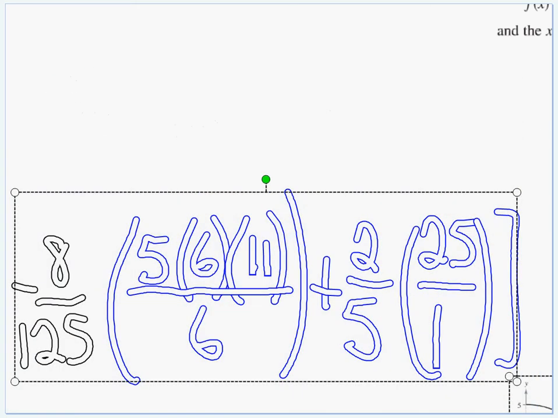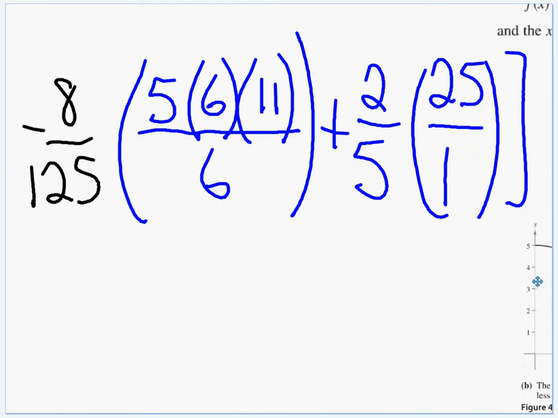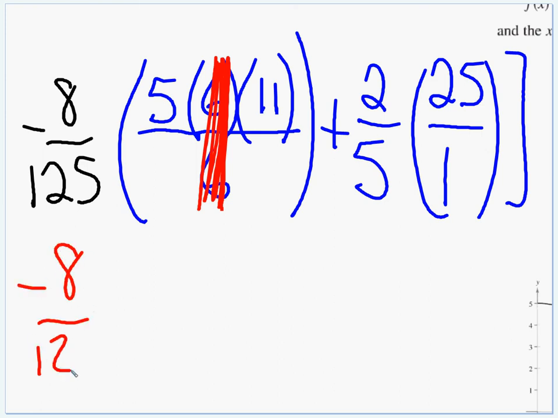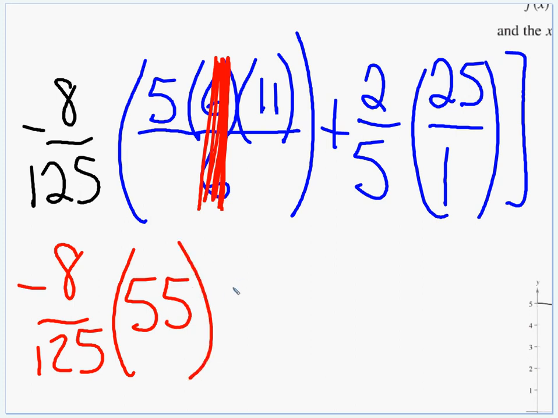All right, move this up. To make our computations a little simpler, since we wrote it like this, we can cancel those 6's. So that's going to be -8 1/25 times 55. Plus, we can cancel here on the diagonal. That's going to be 2 times 5, or 10.